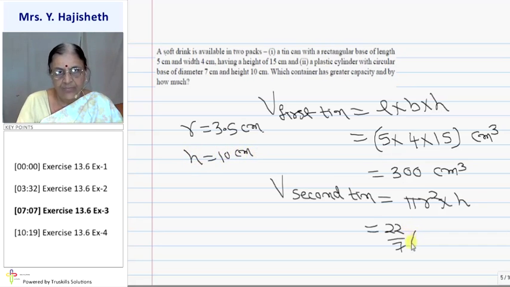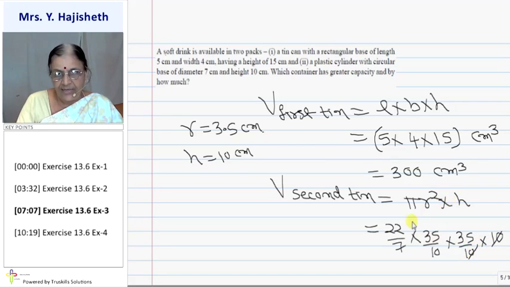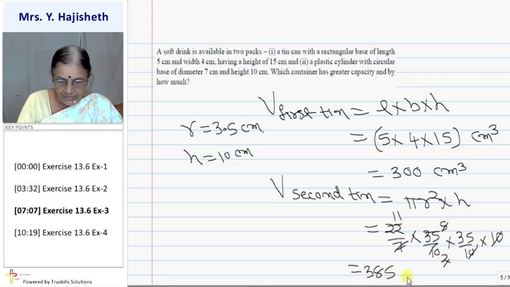So it is 22 by 7 into 35 by 10 into 35 by 10 into 10. एक 10 गया. Okay. So फिर से जाएगा तो 7 5 जा 5 2 जा 2 11 जा. It is 11 into 35. So it is 385 centimeter cube.